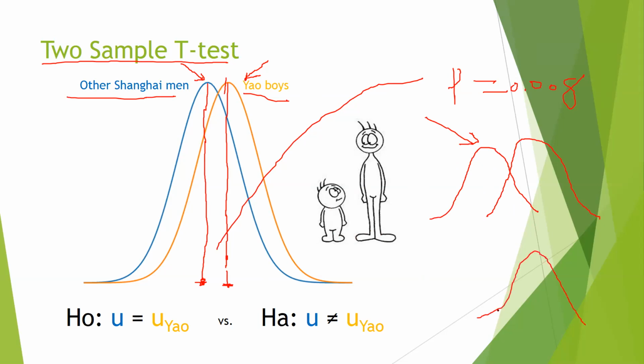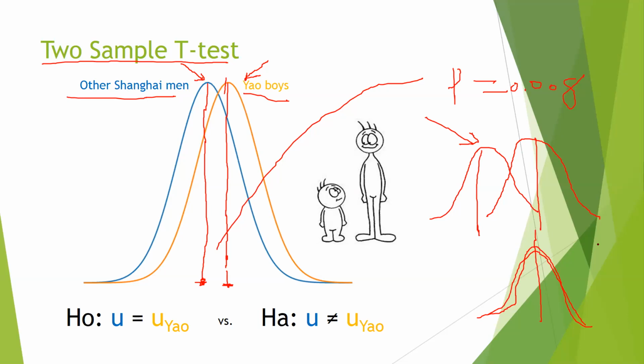If these two distributions are overlapping like this, you do not see a difference. But if you see the segregation of these two distributions, then this will give you strong evidence there's a genetic effect between these two families.